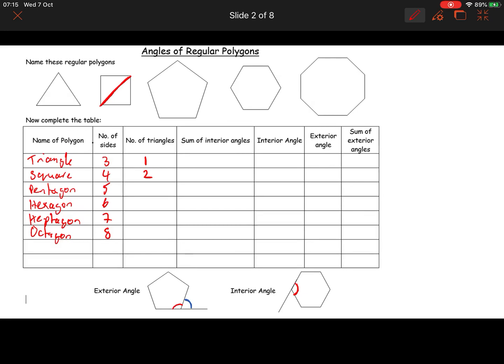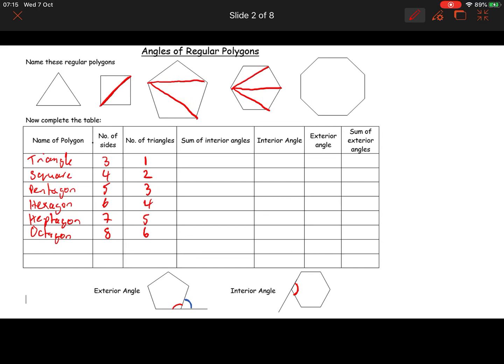Okay? A pentagon we can split into three triangles. Okay, and a hexagon, four triangles. And obviously we can see the pattern. A heptagon, we're going to be able to split into five triangles. And an octagon into six triangles.